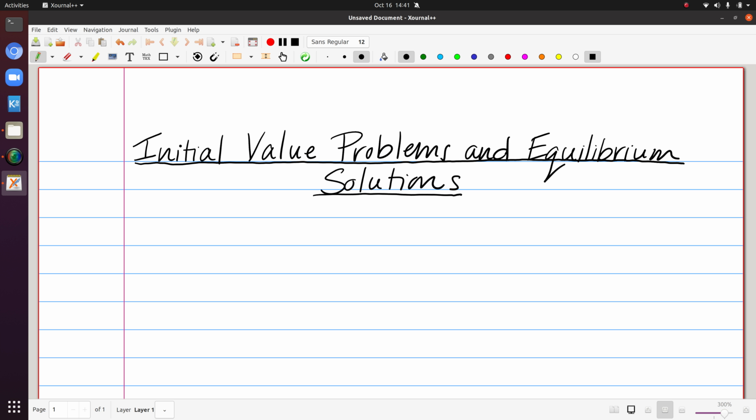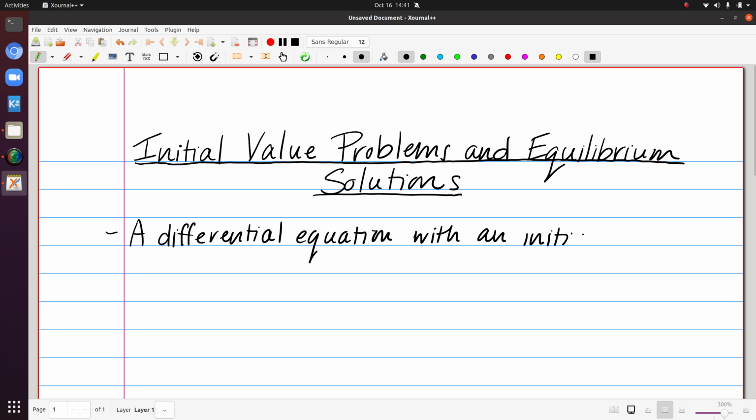So we're going to say here that a differential equation with an initial condition is called an initial value problem.